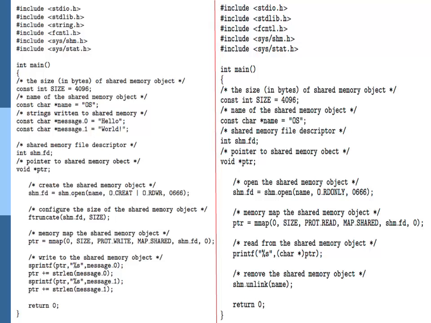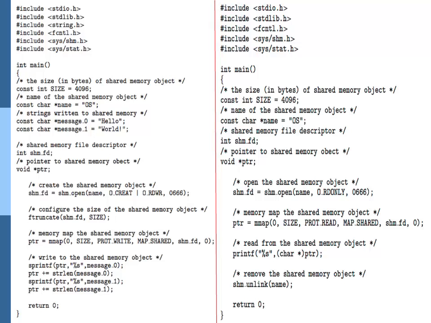Then we use the mmap function. The mmap function returns a pointer to the memory mapped file that is used for accessing the shared memory object. So it will return a pointer and will be assigned to ptr, because ptr we declared as a pointer. So let's take a look at the function mmap.